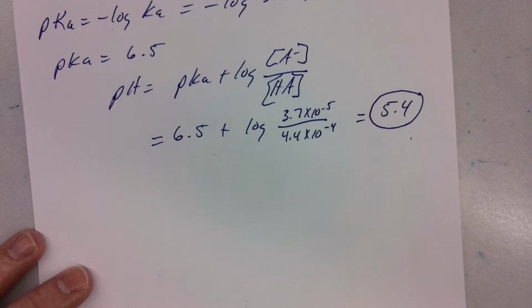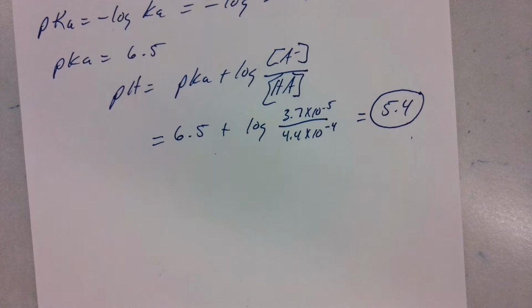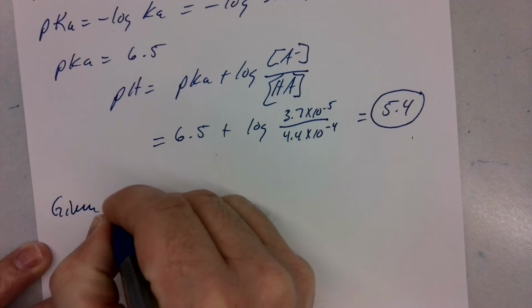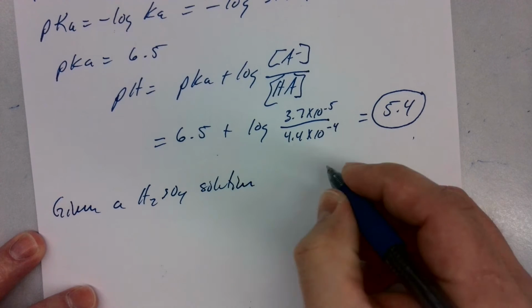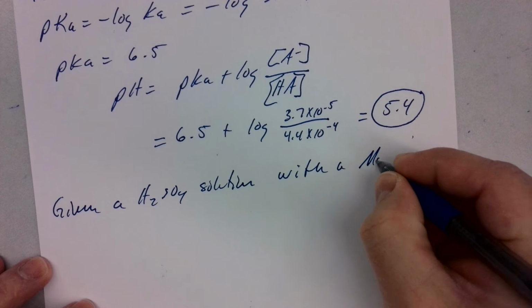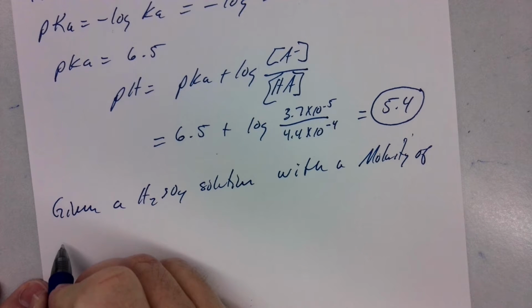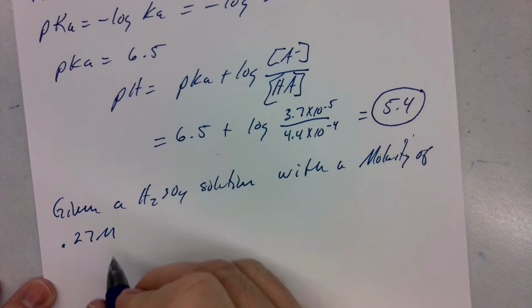And this is kind of a cross between what you saw in the homework and what you did in class, because there was a couple of problems where they kind of intermingled the M1V1s, if you notice what I mean, right? It's like I said, given a H2SO4 solution, okay, with a molarity of, I don't know, let's say 0.27 molar, right?